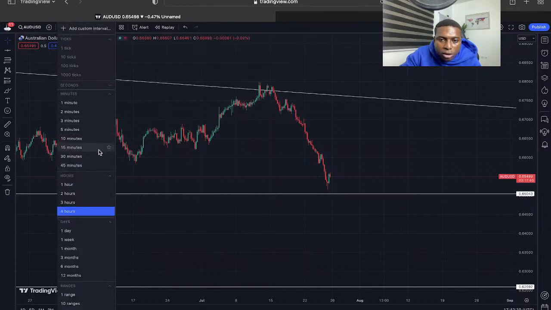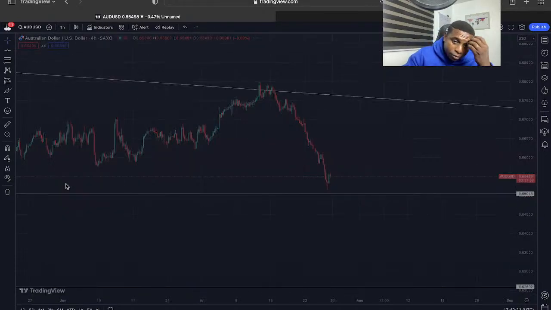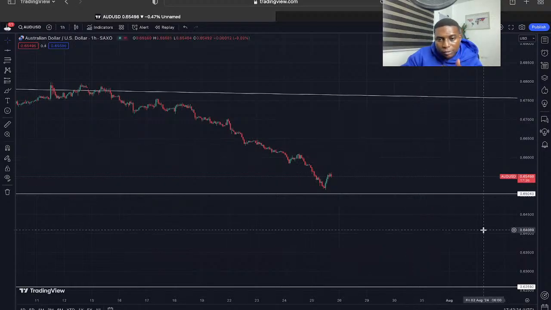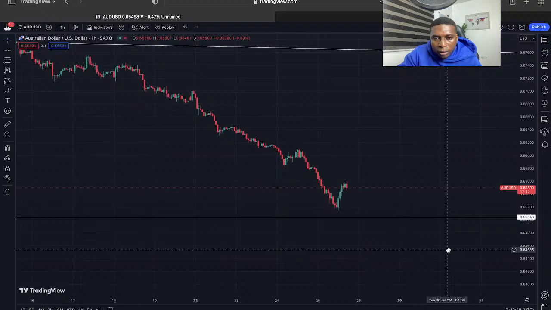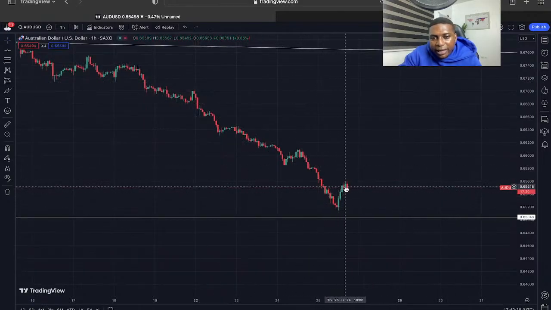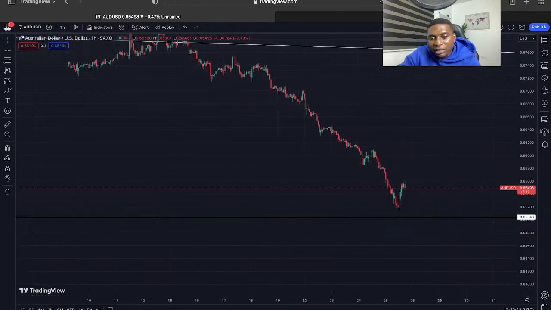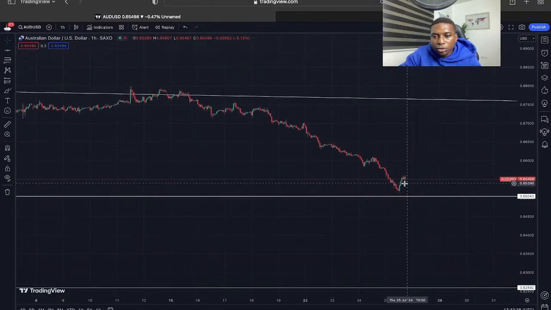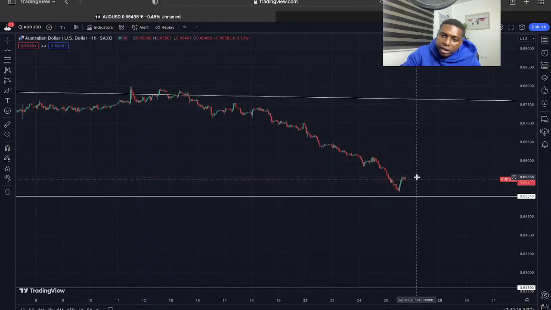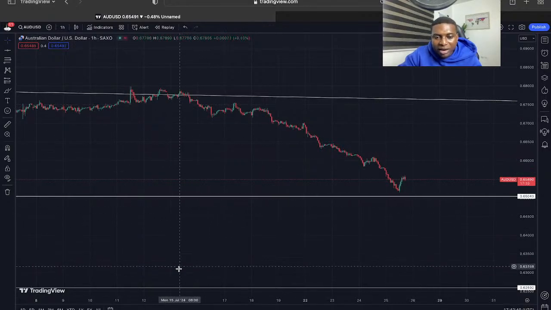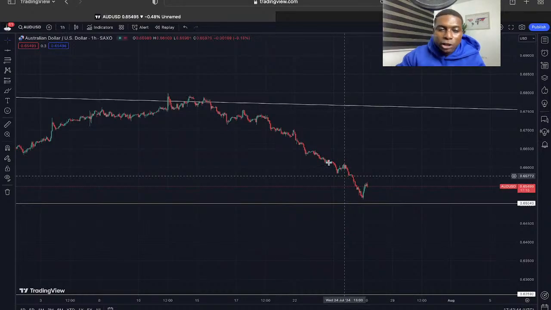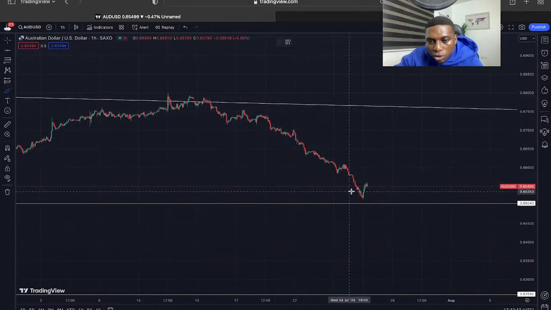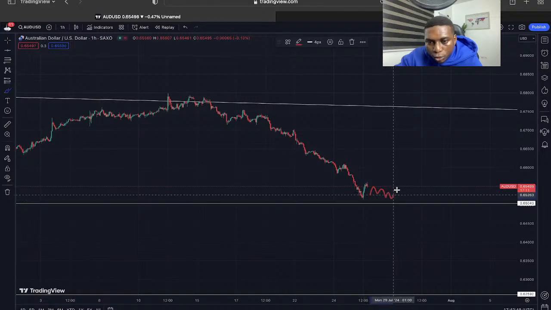So if we go down to the 1 hour time frame now, it's not giving a clear signal. There is no clear signal as to if price would push up or push down. But what I see that would most likely happen before the next direction is determined is a consolidation within this zone.